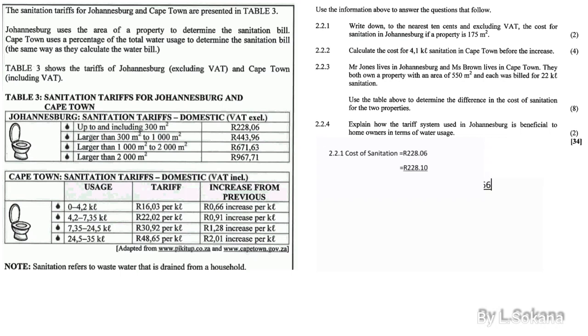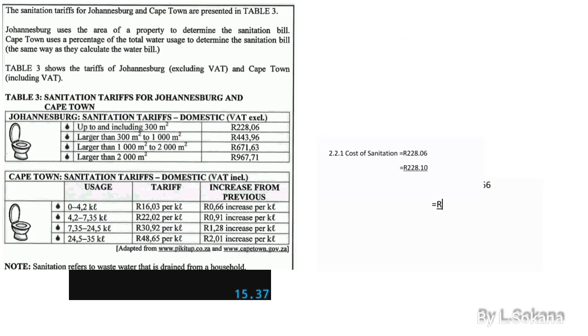So the next thing is to deduct the VAT in the tariff amount, because they said before VAT. So it will be 16 rand 3 cents minus 66 cents, which gives us 15 rand 37 cents. Now we know the amount before VAT.